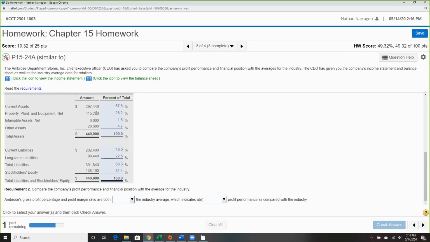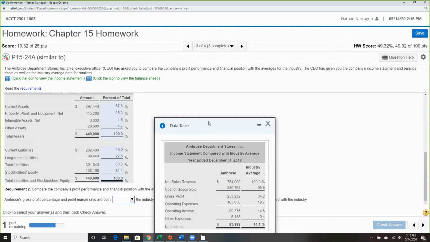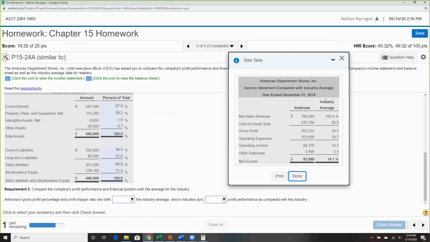So now we do our analysis. Okay, so we're going to compare the company's profit performance and financial position with the average for the industry. We need to pop up the average, and there's our industry average. Okay, so gross profit percentage and profit margin ratio.